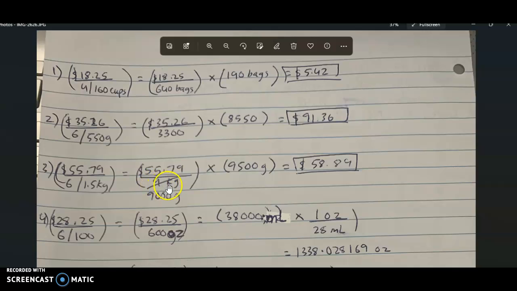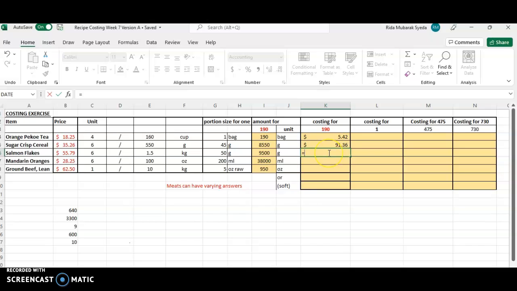So instead of 9 kgs, I divided my price by 9,000, multiplied by 9,500, and I got 58.89 as my price. So let's put that on our Excel. Equal to, open brackets, price divided by 9,000, close brackets, multiply it by the amount, enter, and we get 58.89 as our price.